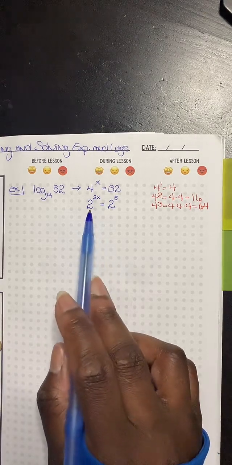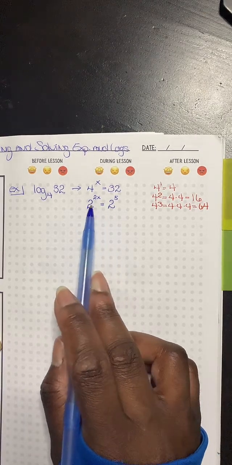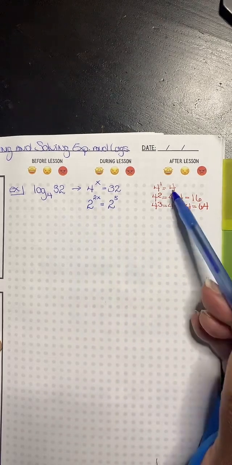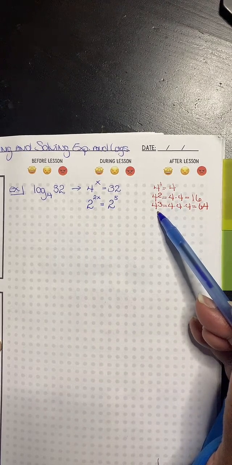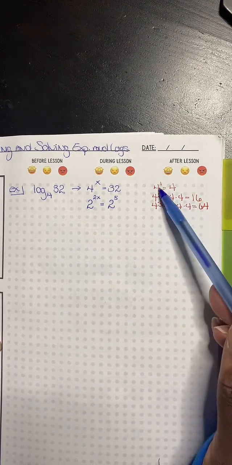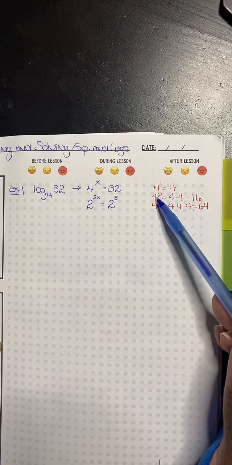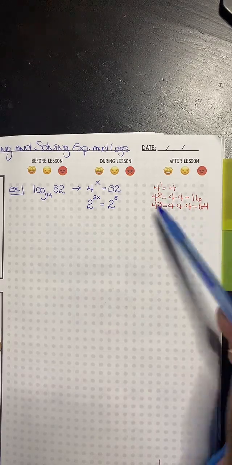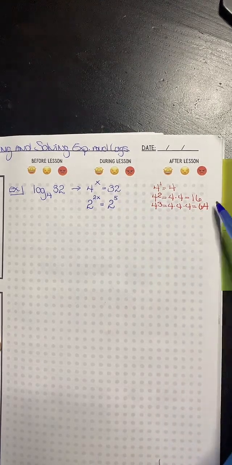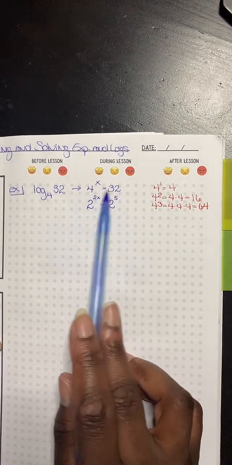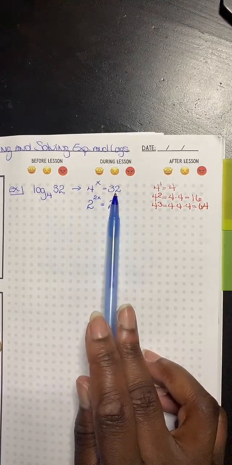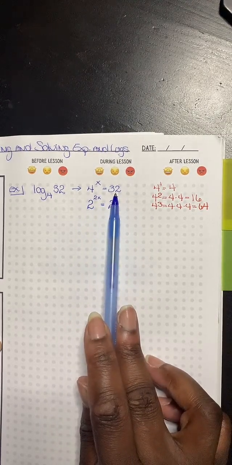The reason why we're changing is we need to have common bases. Notice when I was trying 4 to the first power, 4 to the second power, 4 to the third power, I wasn't getting 32. It's going to be hard to break down with a base of 4 to get 32, because 4 raised to any power doesn't give me 32.